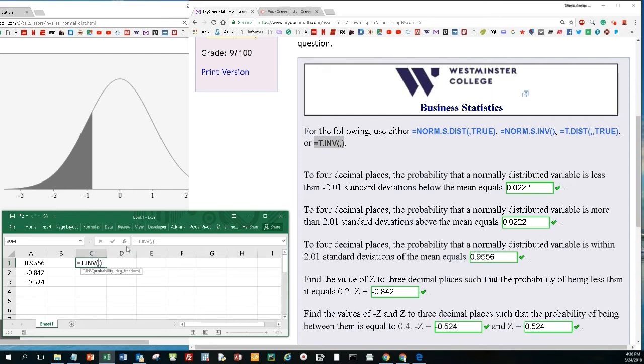So the probability we're given is 0.20. And the next thing we're given is the degrees of freedom. Remember, I said the degrees of freedom are the sample size minus 1. In our case, our sample size is 30, but we have to subtract off 1 because the standard deviation equation is using the sample mean instead of the true population mean to calculate the sample standard deviation.